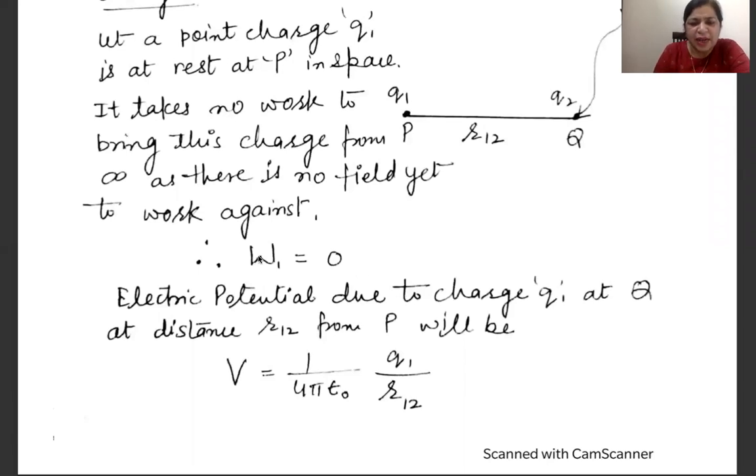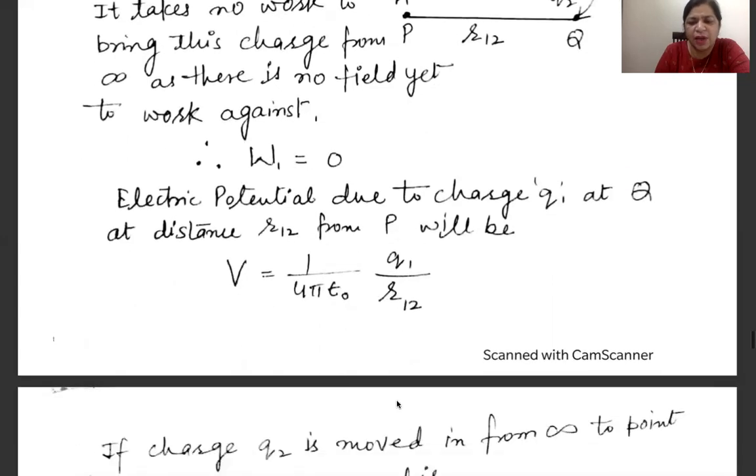After that, the electric potential due to charge Q1 at Q at a distance R12 from P will be given by V is equal to 1 by 4 pi epsilon naught Q1 divided by R12.